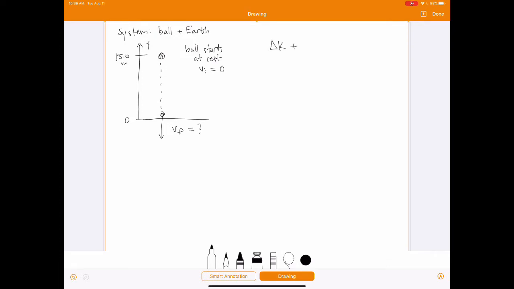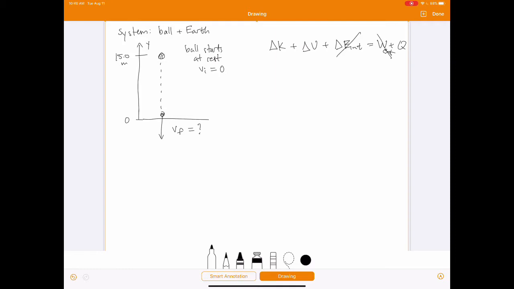Delta K plus delta U plus delta E internal is equal to work plus heat, W plus Q. So let's ask the question of our system, is there any change in internal energy going on? Well, no, we don't have to worry about that. Is there any work done by some kind of external force acting on our system?